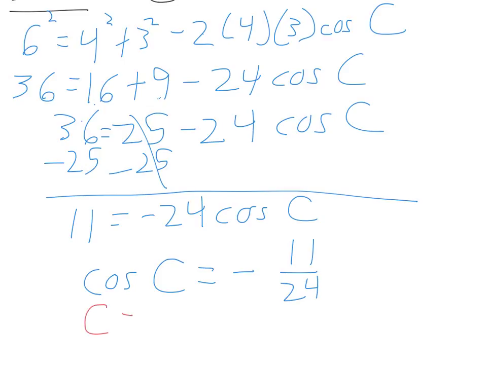So angle C is equal to cosine inverse of negative 11 over 24, because once you solve for the cosine of the angle, you can take cosine inverse to find the measure of the angle. You will find that should be approximately 117.3 degrees.